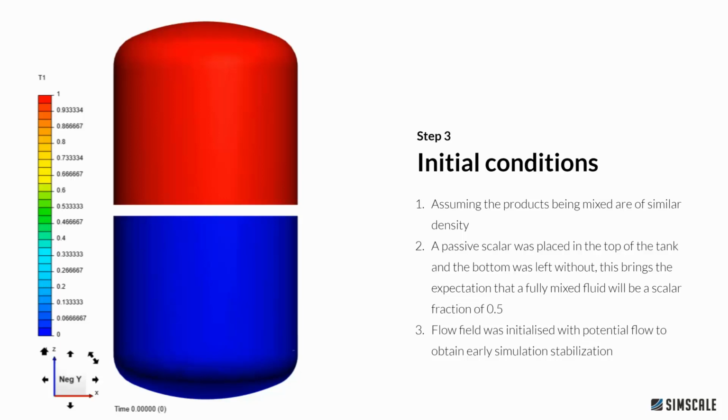SimScale has quite a few settings that allow us to be very smart about this. But one of the essential things is that the flow field was initialized using potential flow. So to get some early stability and to speed my simulation up a little bit, time step 0 was given a flow field that used potential flow to initialize it.